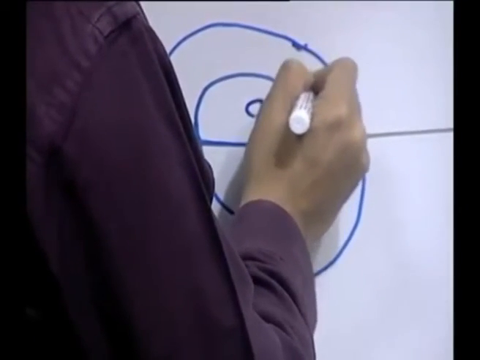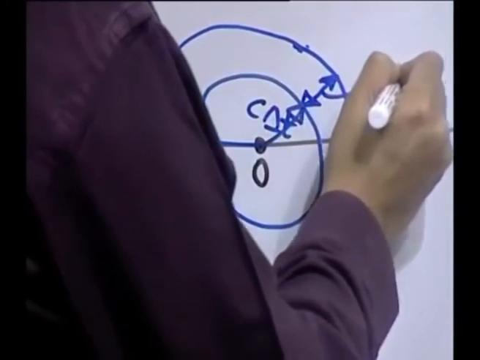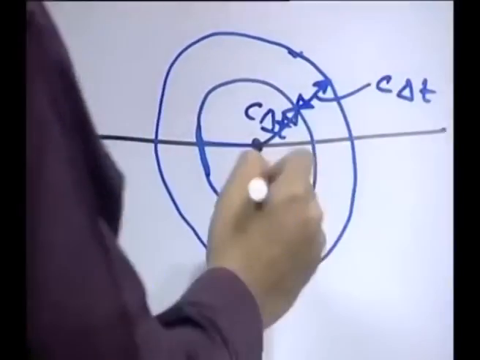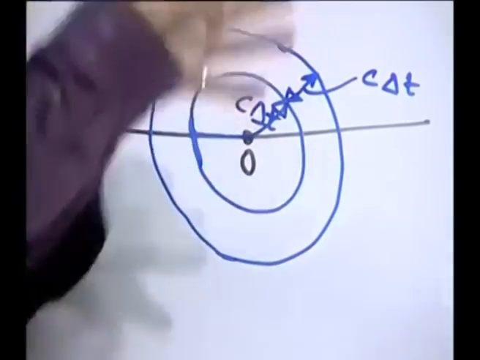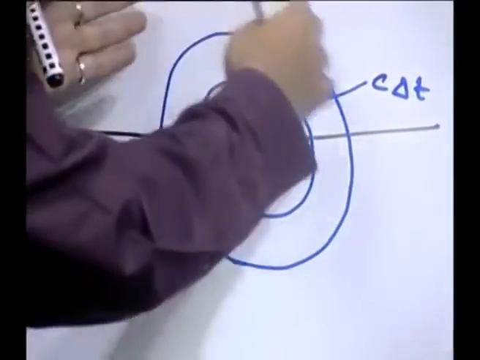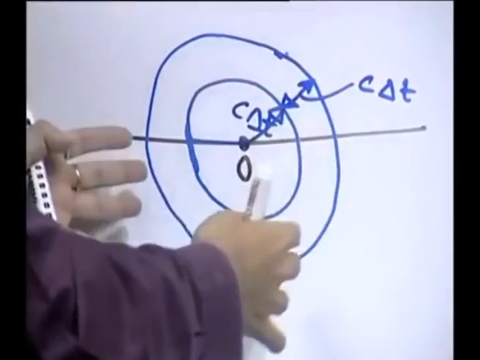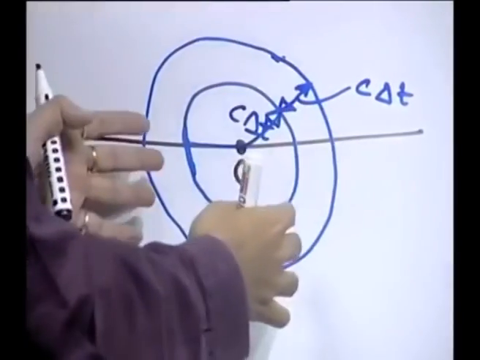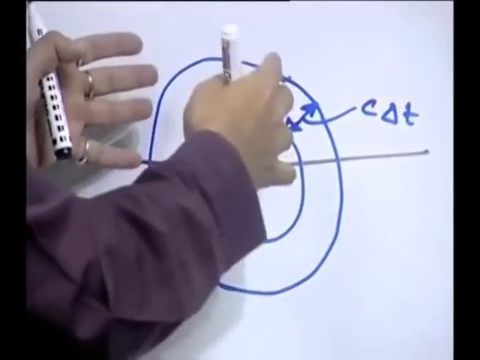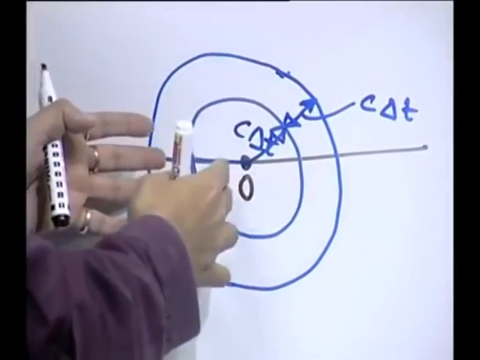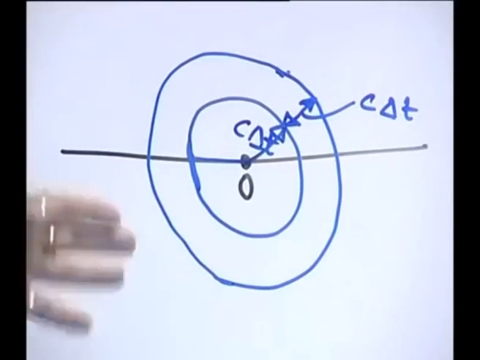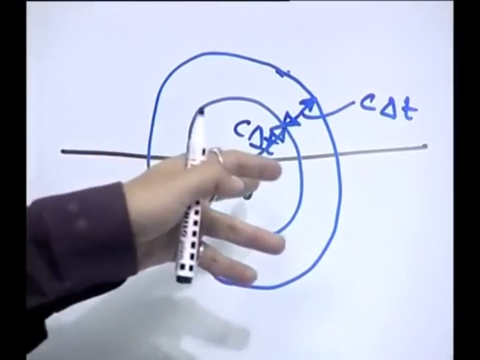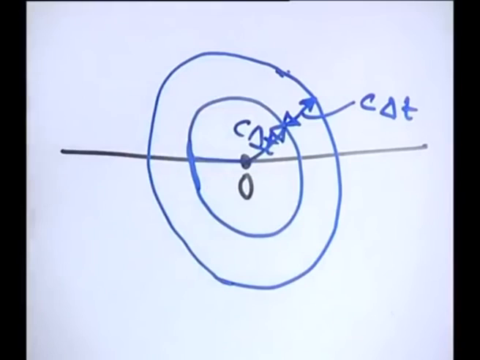So, this much of additional is c into delta t. So, in this way, at a particular location it is as if generating or emitting some spherical wave fronts. So, these are essentially the locus of points over which or within which this disturbance is having its effect felt, okay, but the disturbance is remaining stationary at a location.